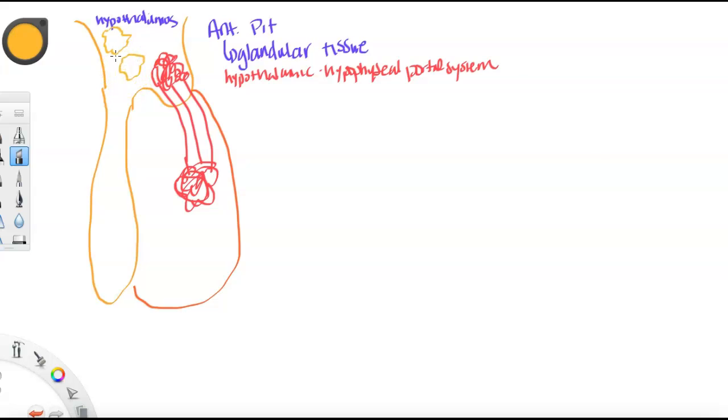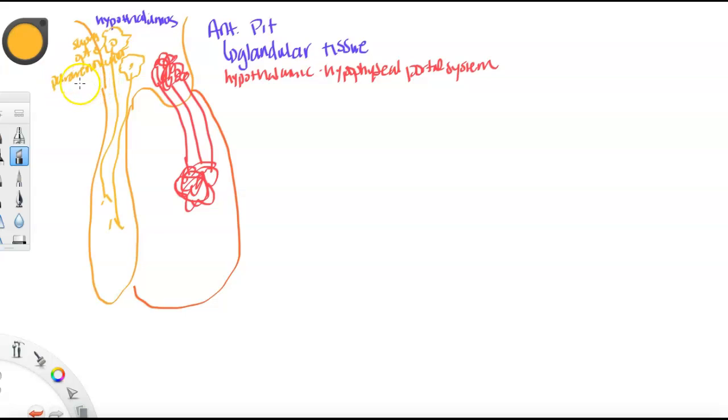One of them was called the supraoptic nucleus, and the other one was the paraventricular. Okay, and we know that they had their axons going down into the posterior pituitary.